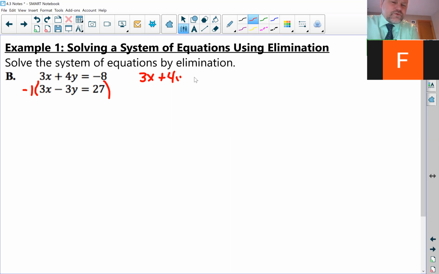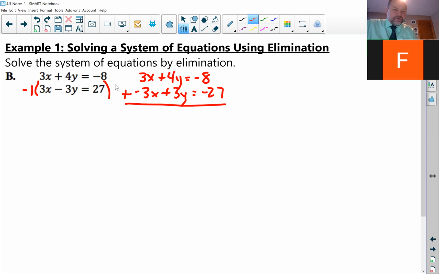So 3x plus 4y equals negative 8. When I multiply by negative 1, I get negative 3x. Instead of minus 3y, that changes to plus 3y. And negative 27. Add those together now, because now my x's are opposites. So 3x plus negative 3x, that's 0. 4y plus 3y, 7y.